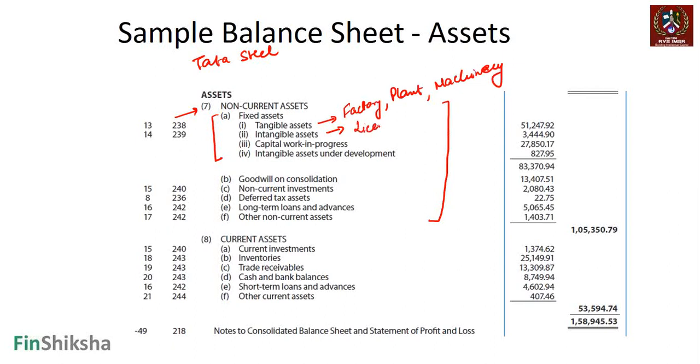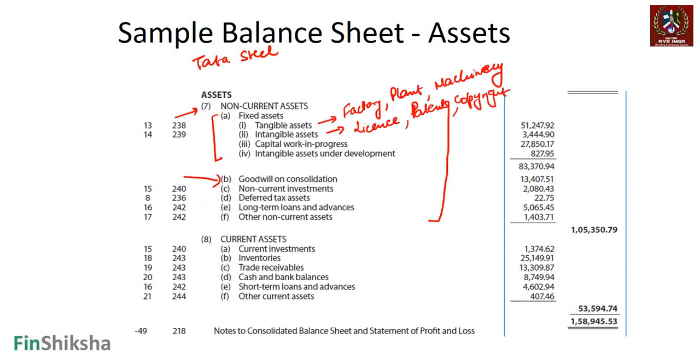So things like a license. All these telecom companies operate, they have a 10-year license usually. You have radio companies which run FM radio, they have licenses. You have patents, which pharma companies have. You have copyrights, which media companies have, or authors have, and then there is another asset which is called goodwill.